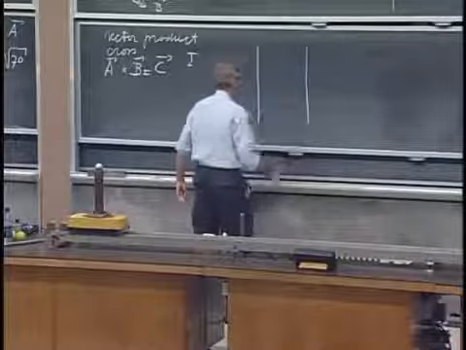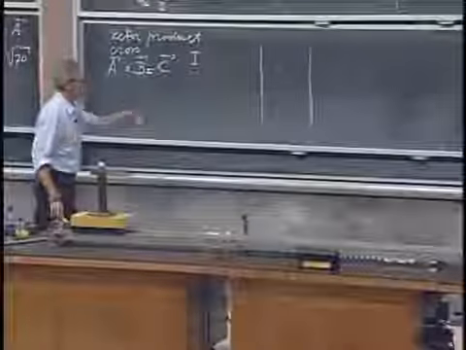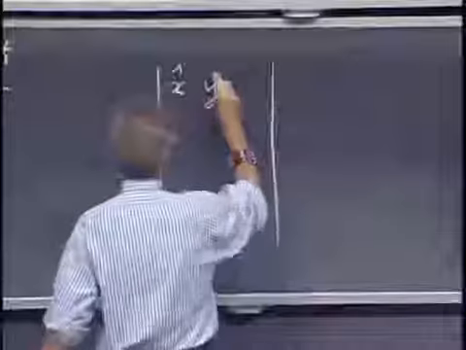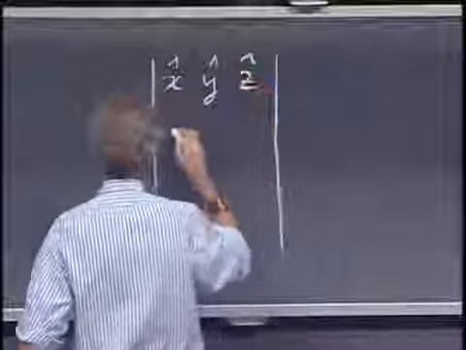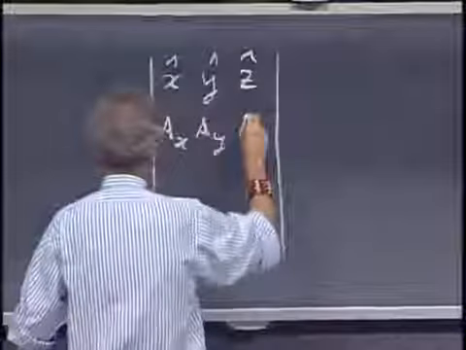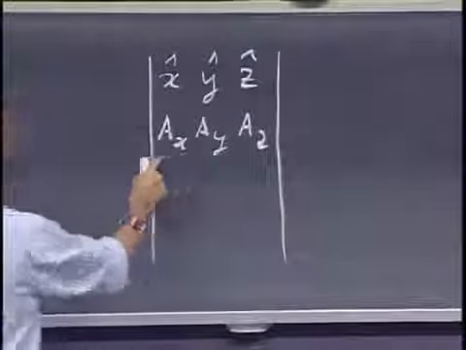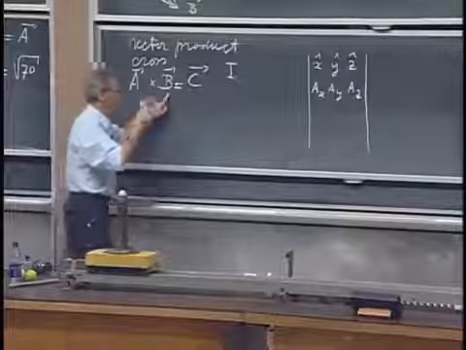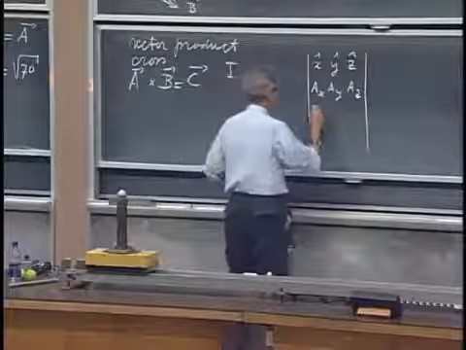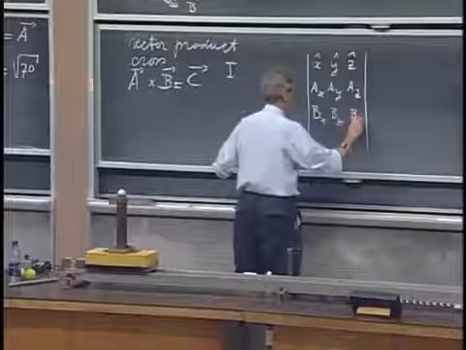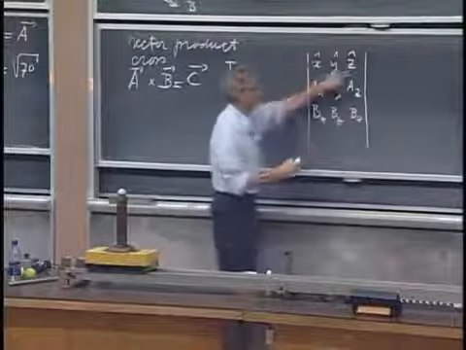You write down here a matrix with 3 rows. The first row is X roof, Y roof, Z roof. The second one is A of X, A of Y, A of Z. It's important, if A is here first, that that second row must be A. And the third row is then B: B of X, B of Y, B of Z. So these 6 are numbers, and these are the unit vectors.